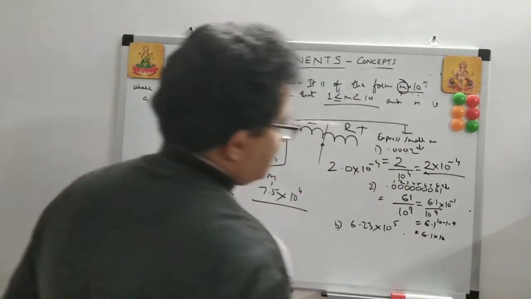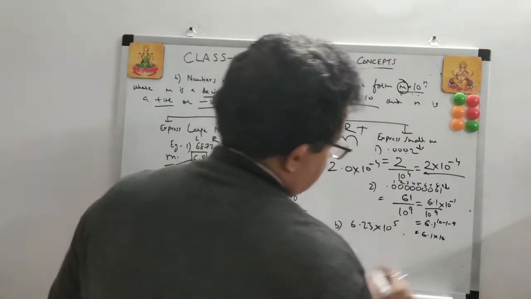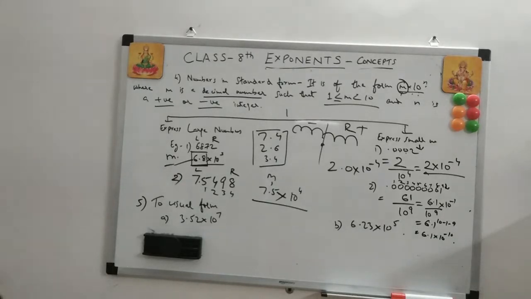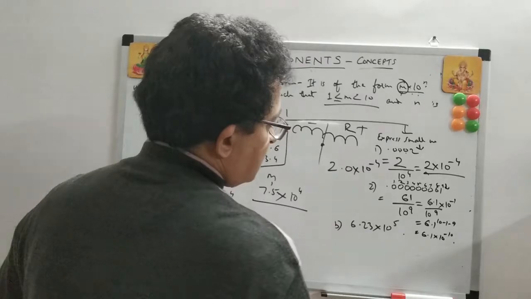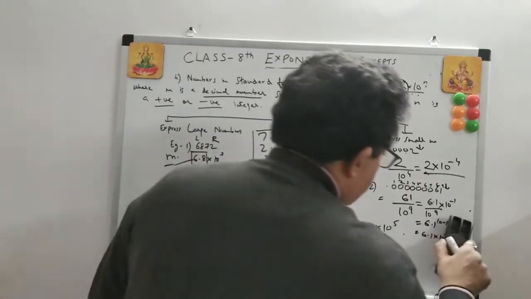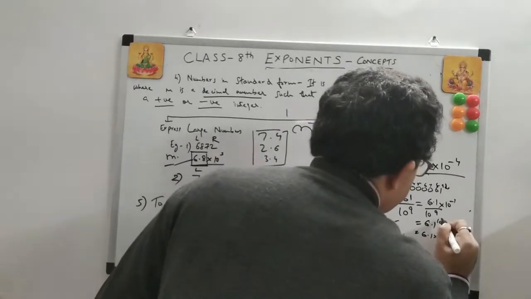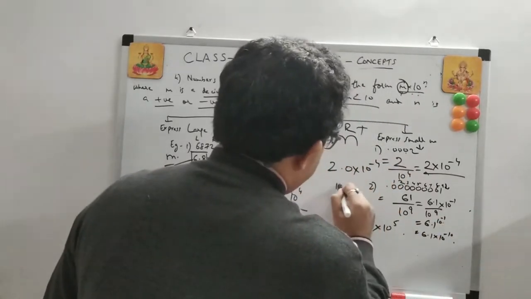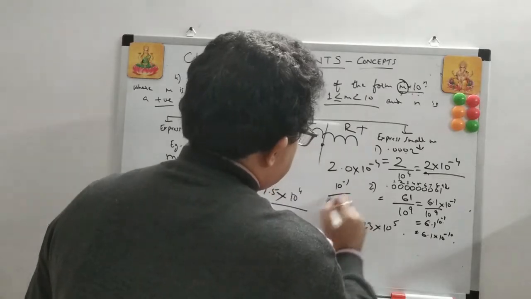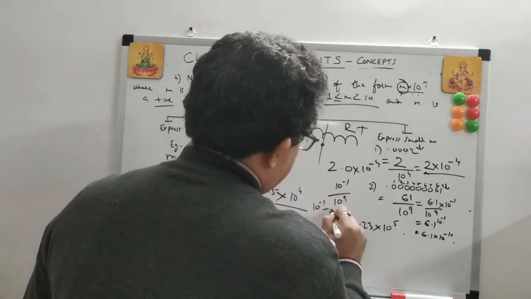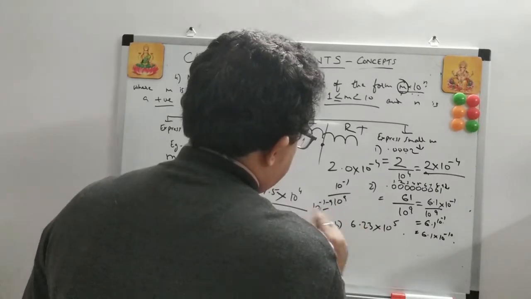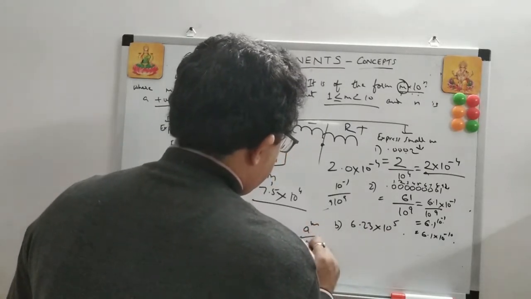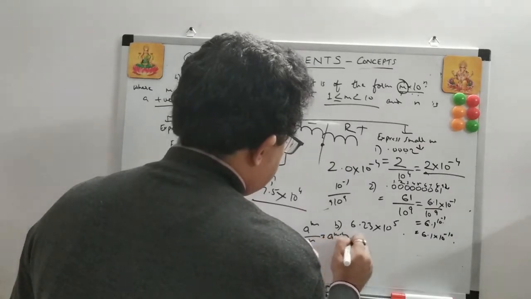I think this is correct. 6.1 into 10 to the power minus 1 divided by 10 to the power 9. This simply becomes 10 to the power minus 1 minus 9, 10 to the minus 10, right? a to the power m upon a to the power n is equal to a to the power m minus n, right? This is the formula.